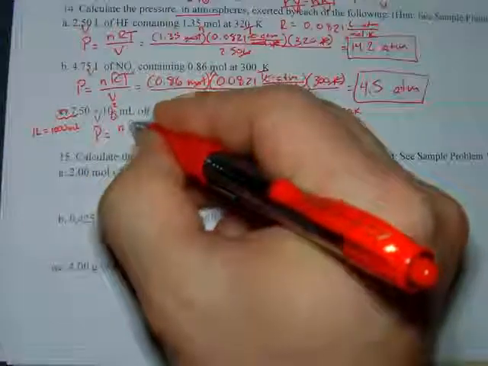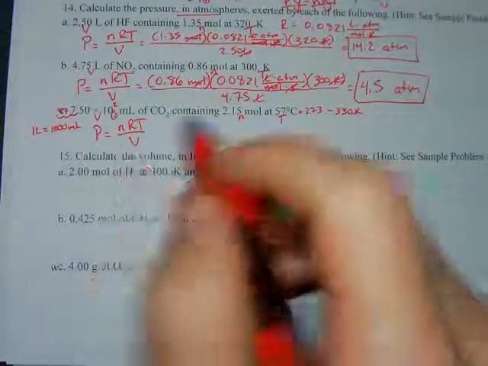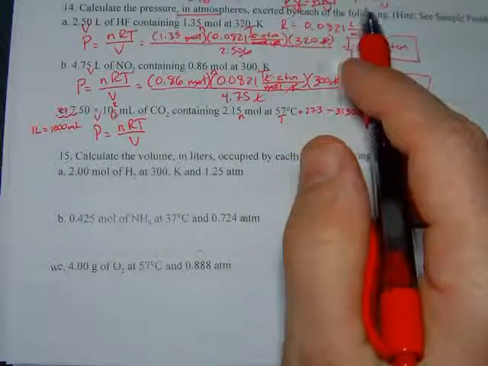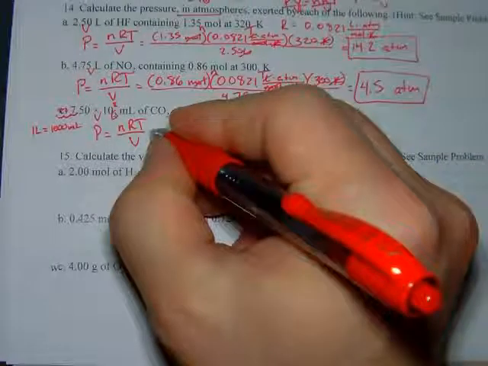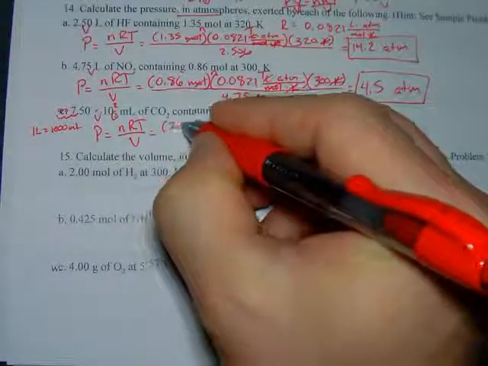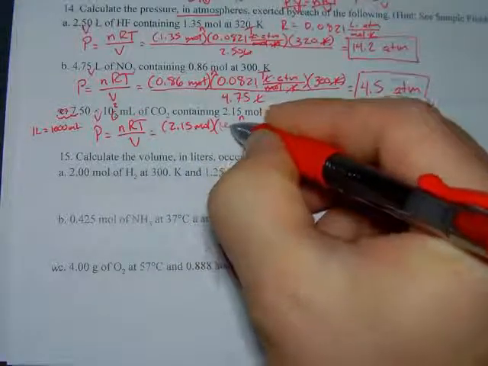Pressure is equal to nRT over V. Remember, I'm using this version of the equation because I already solved for it way up here. Okay. Value for n, 2.15 moles.